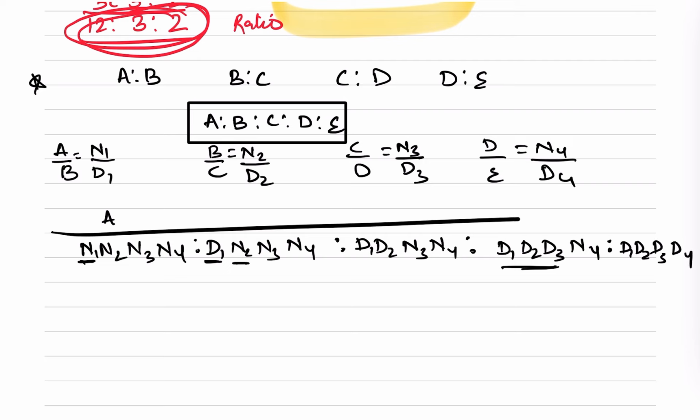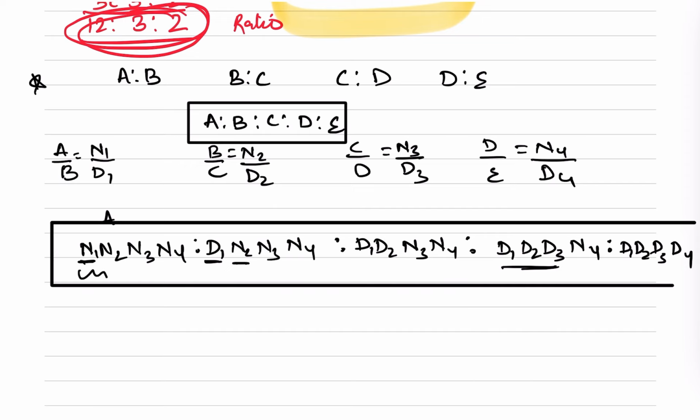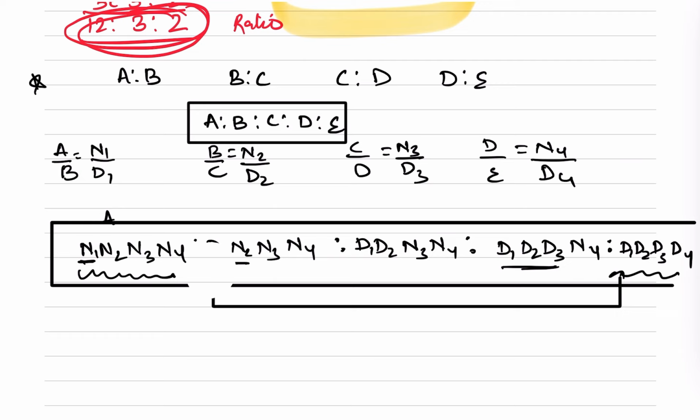So I think this makes it clearer that you have to start with all n and end with all d, and in between you just change the values in the denominator places. First you start with the first, then first 2, then first 3, and then all 4.